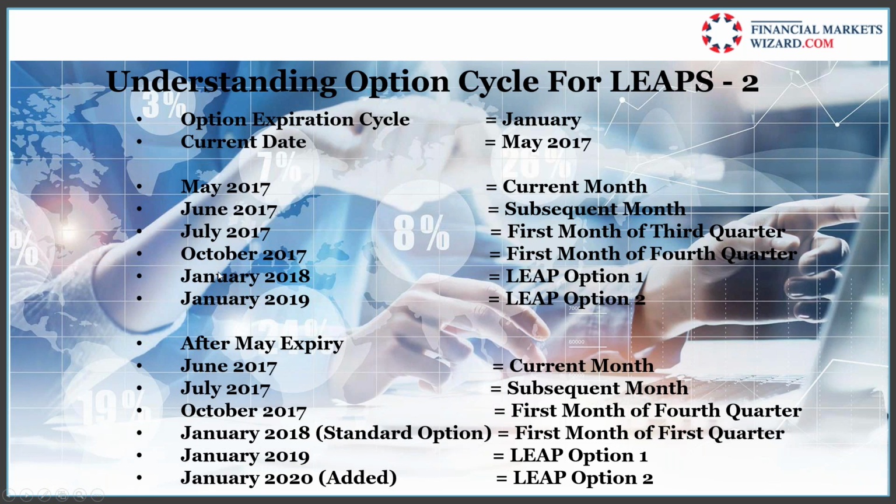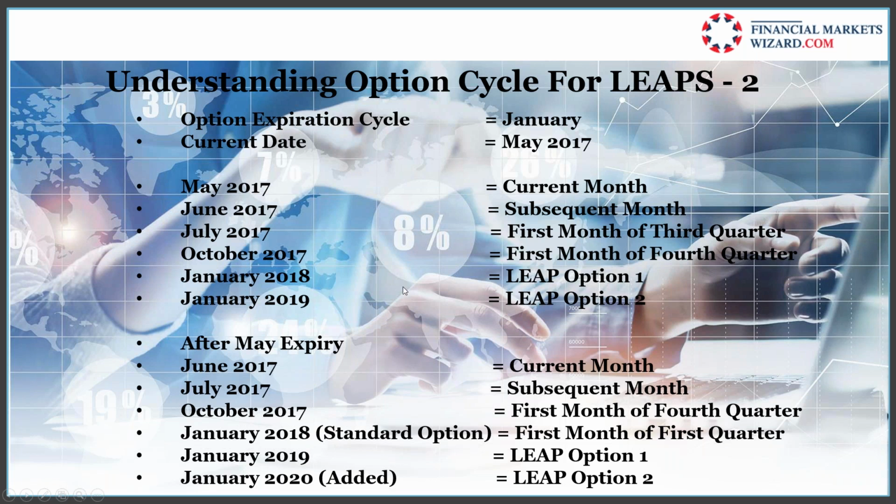The only thing new is that you will see January 2018 also listed and January 2019 listed because the option is a LEAP option. So you will see 6 option months listed.